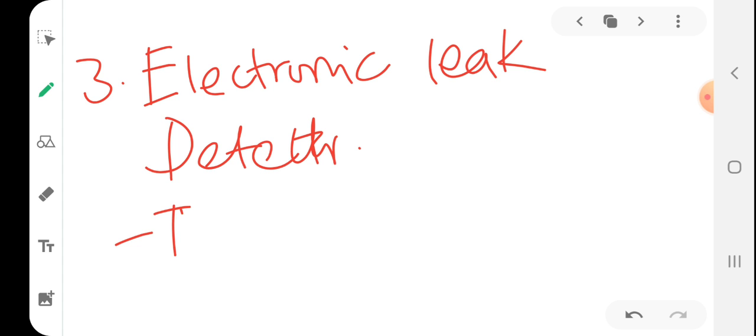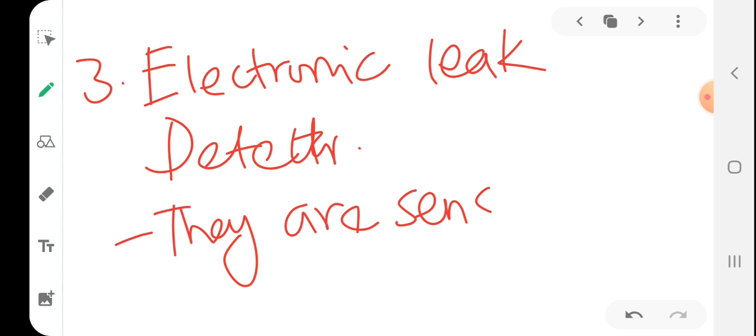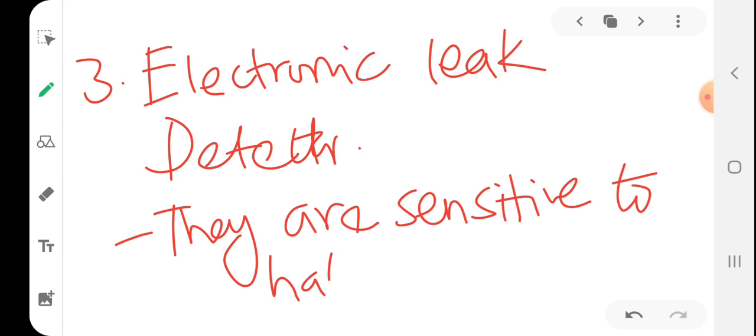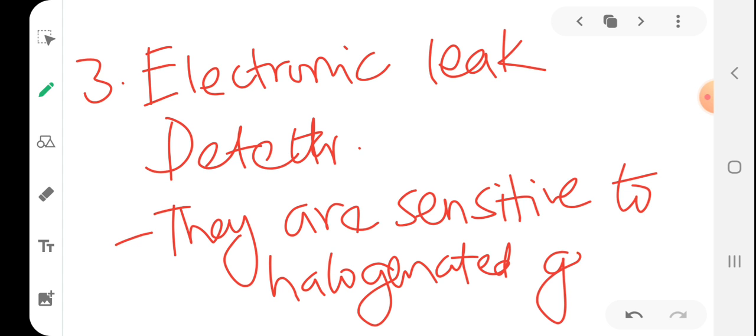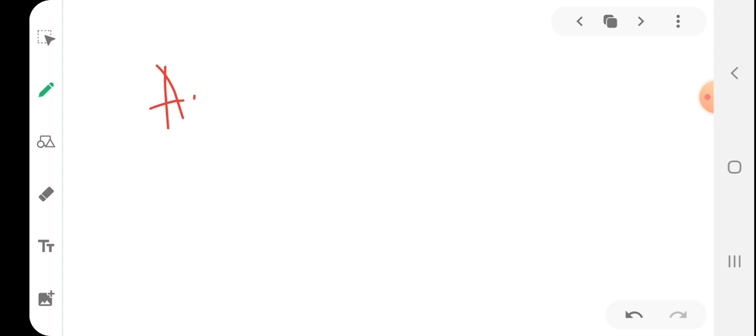They are sensitive to halogenated gases. So an audible or visual alarm signals when a leak has been detected. That is how an electronic leak detector works. Some audio or visual signals will be generated.